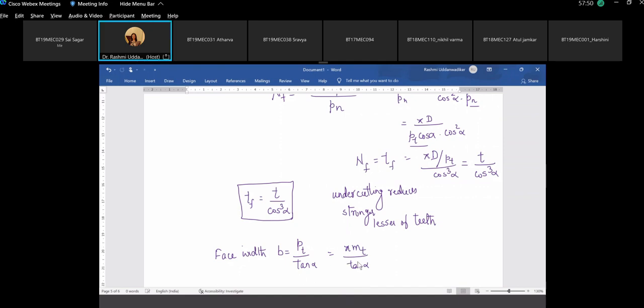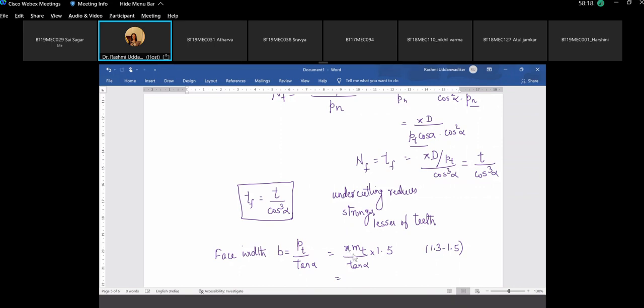Normally here the face width is slightly increased, to almost 1.3 to 1.5 times. This also ensures smoothness in the engagement. So engagement becomes all the more smoother, and so the face width is taken as 1.5 times pi mt by tan alpha.